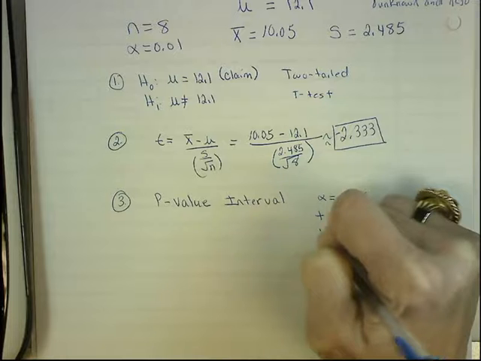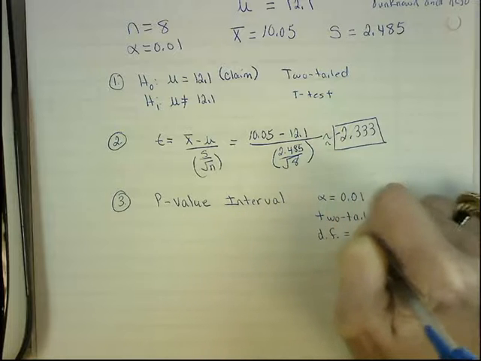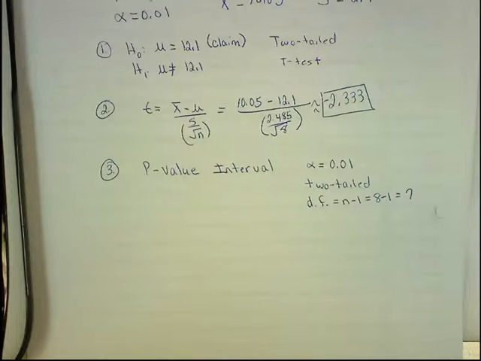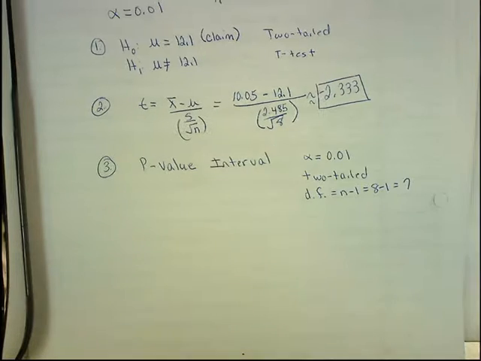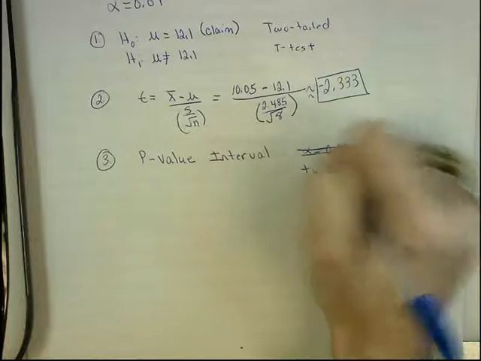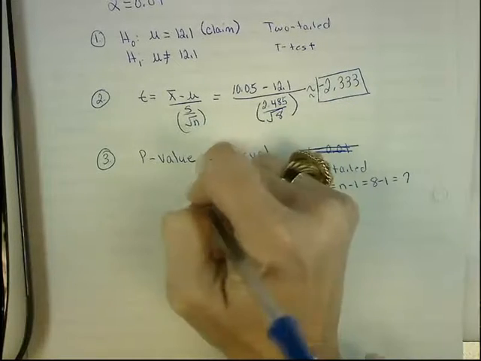And your degrees of freedom would be 7. So you want to go to your t-table, and you want to block off row 7 and look up that alpha. Excuse me. I think I'm thinking about critical values. Don't need alpha for p-value. I need the test statistic.